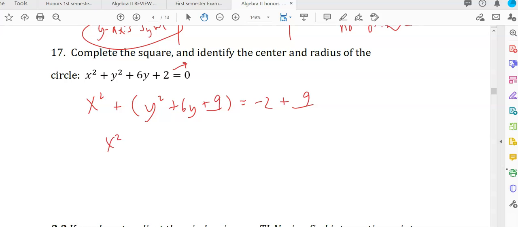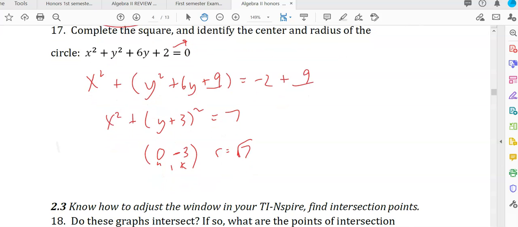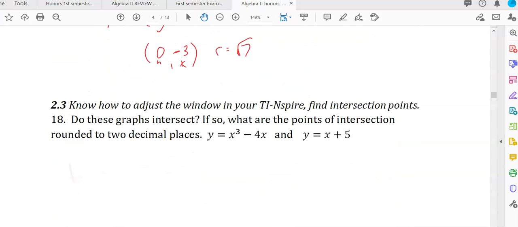So we get x squared plus y plus 3 squared equals 7. So our center, our h and k, if they asked for it, is 0, negative 3. And the radius squared is 7, so radius is square root of 7. I don't have to worry about plus or minus because it's a positive distance, the radius is going to be positive.